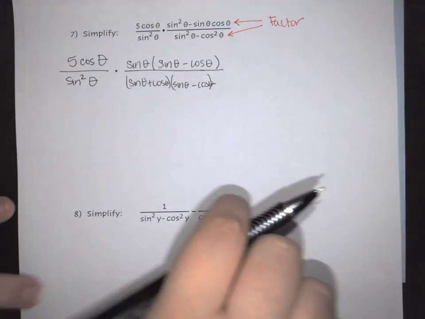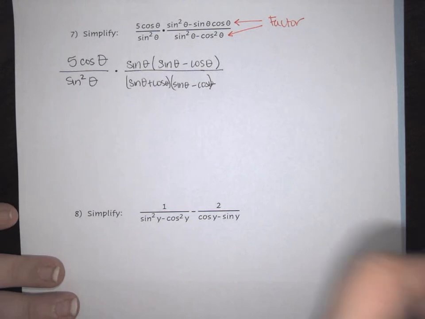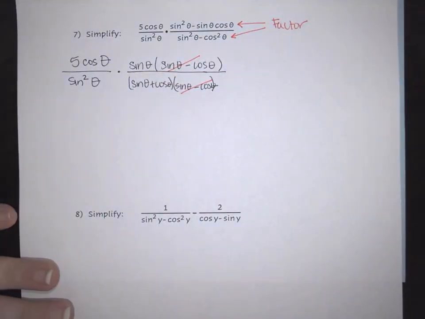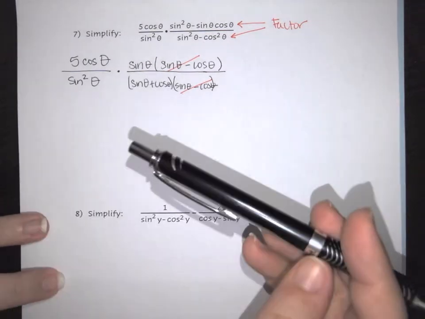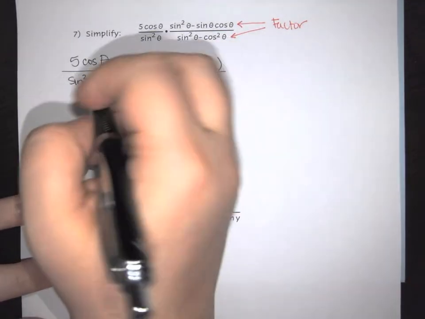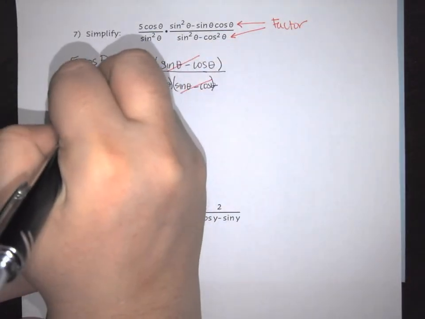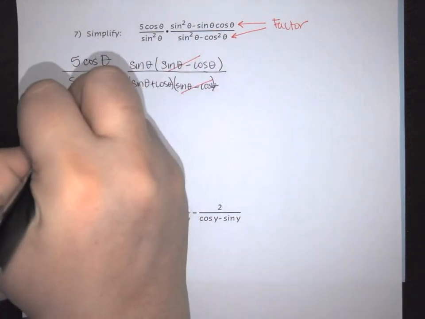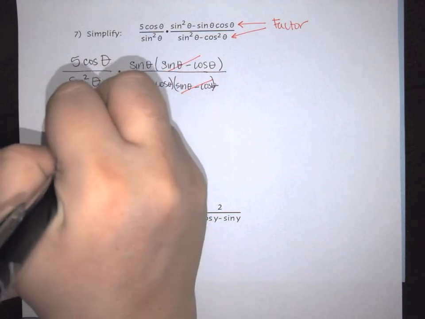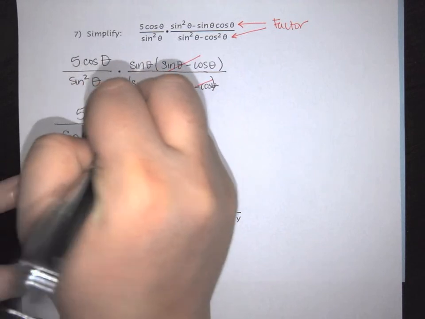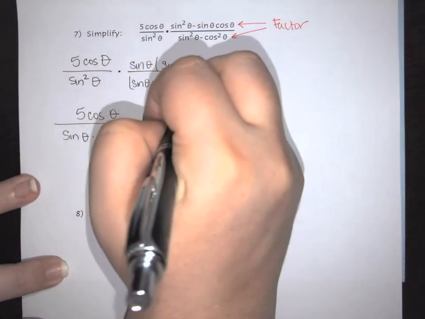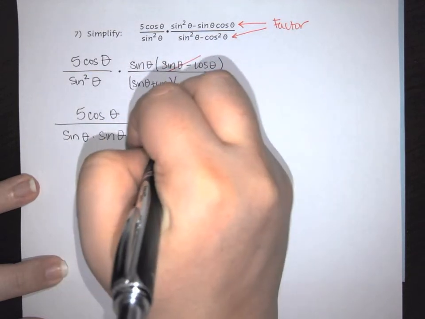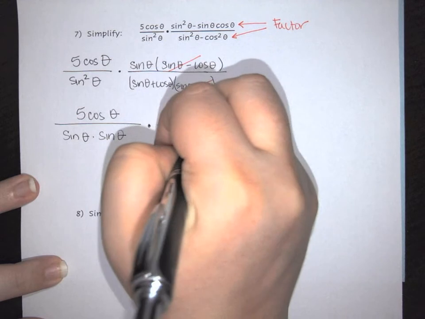So when I do that, one of the things that you can see right off the bat is that sine minus cosine is going to get rid of both top to bottom. So here I've got 5 cosine of theta over, and this can become sine of theta times my sine of theta. And I'm going to multiply this by the sine over my sine of theta plus cosine.